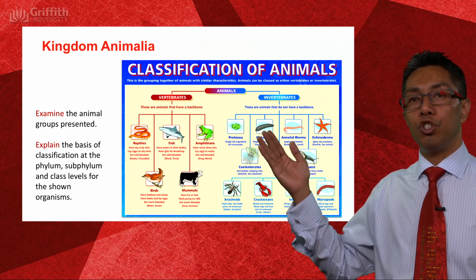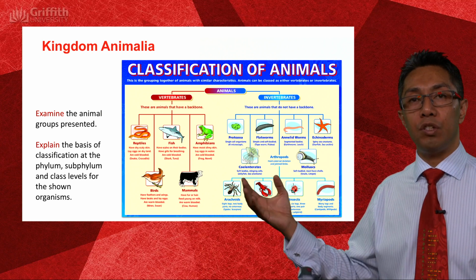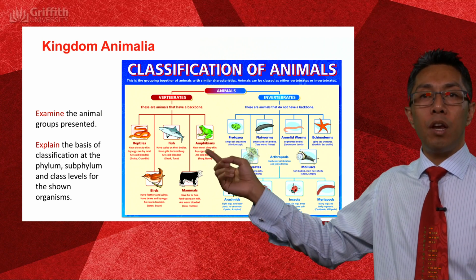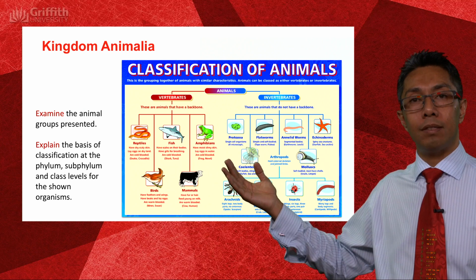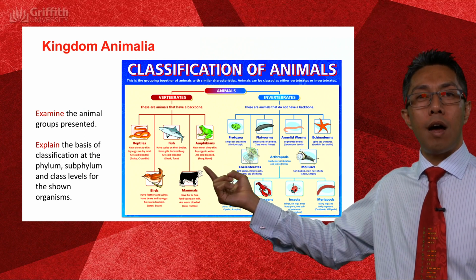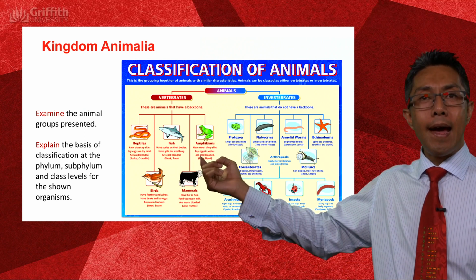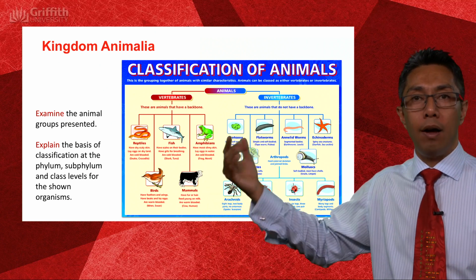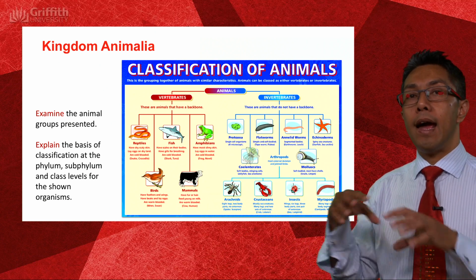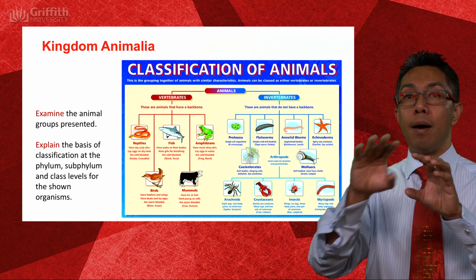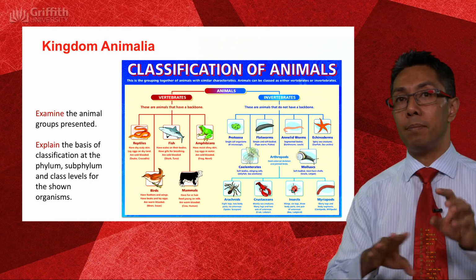What I want you to take away from this visual here is, just by looking at this classification system, what I want you to do is to decide how has the author of this piece of text decided to divide up reptiles, fish, amphibians, birds, and mammals?